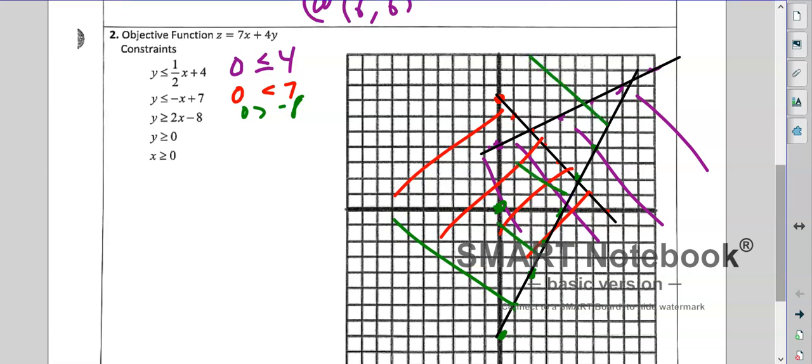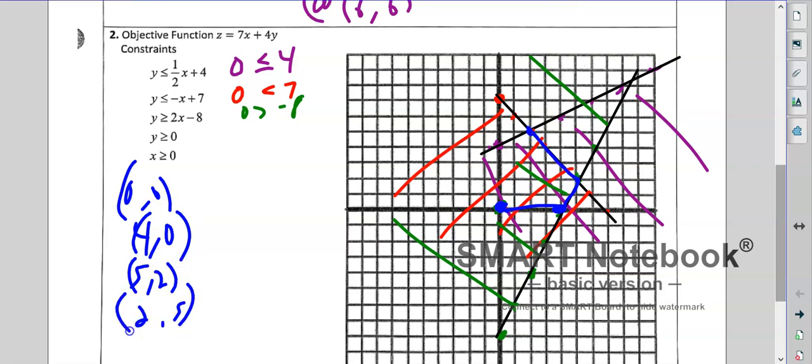And hopefully you can see the overlapping area is from here at 0, 0 over here to 4, 0, up here to 5, 2, then up to that 2, 5 we talked about earlier, and back down to 0, 4. So this is my feasible region right there.